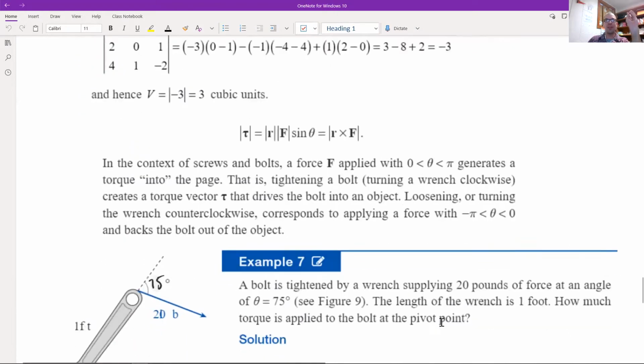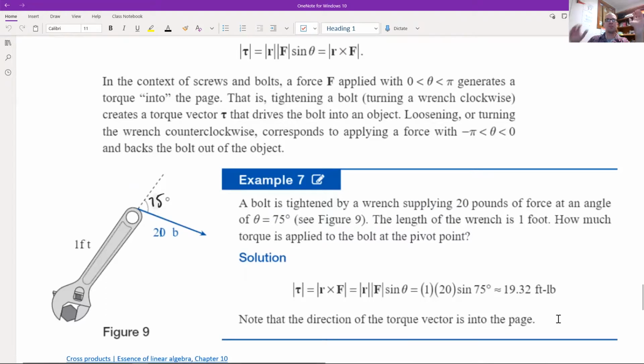probably an application that will be interesting to more of you, especially mechanical engineers, is torque. Torque can be measured as the magnitude of the length of a lever arm times the force that's being applied times the sine of the angle in between the direction of the lever arm and the direction of the force, so that we can capture torque as a cross product.